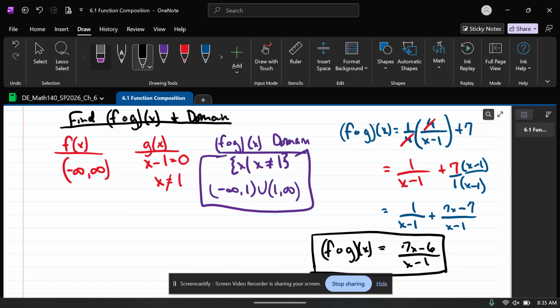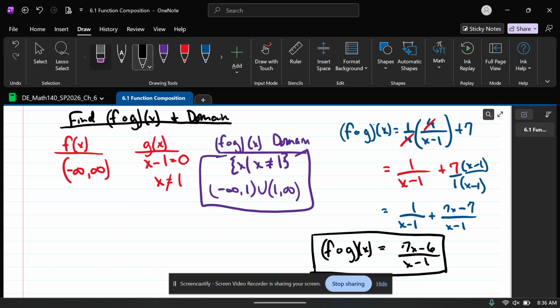A little bit next level work, getting the common denominator, adding fractions together. That's why I put that into the Khan Academy lessons, because adding and subtracting fractions comes up in this. You've got to be able to do that. Okay. Now, domain: everything but 1.